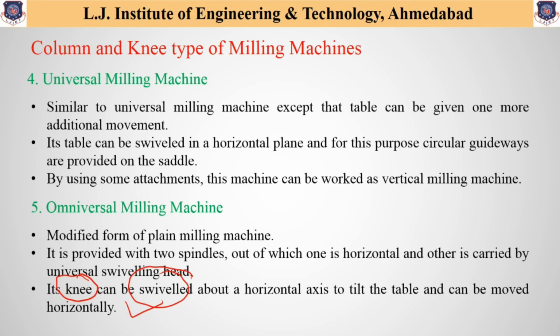And all these machines are nothing but column and knee type milling machines, because the major important parts in all this machinery are the column and knee, and with the help of this column and knee, all extra movements can be given to the workpiece. So I hope the difference between horizontal, vertical, universal and omniversal milling machine is clear to you.